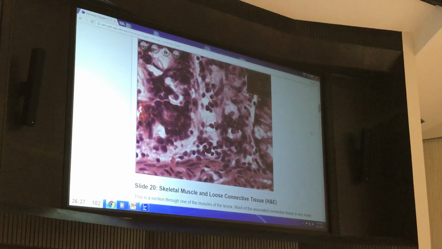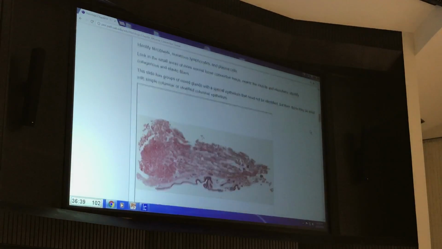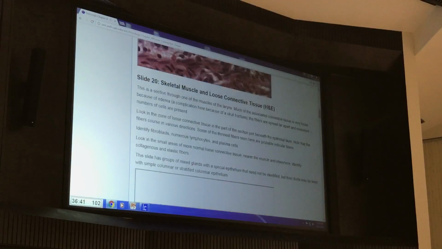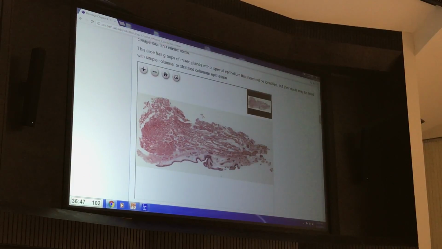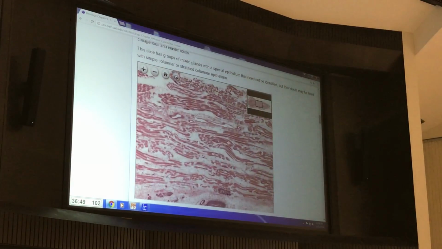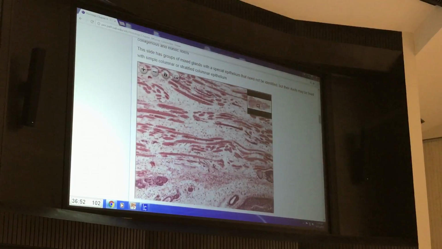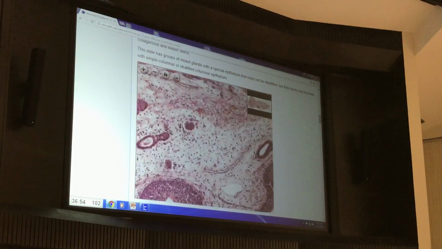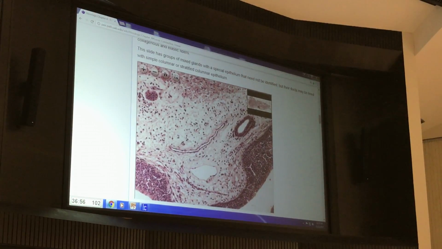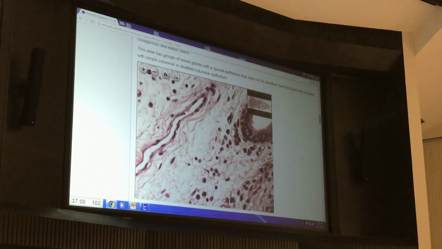Okay, so let's see. Muscles and the legs. Loose connective tissue. A nice little blood vessel here. Let's look at this.